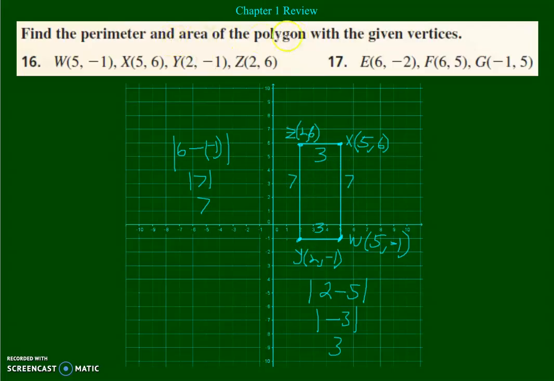So we're looking for the area and perimeter of the polygon. Well, our perimeter is simply going to be the sum of the sides.